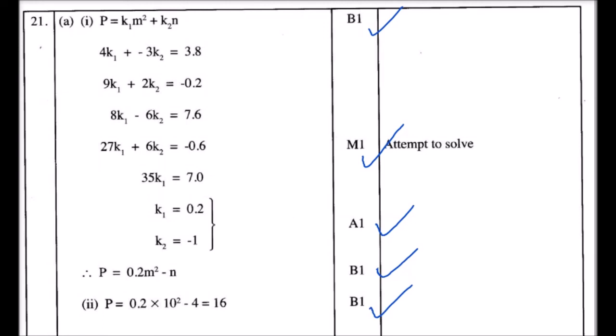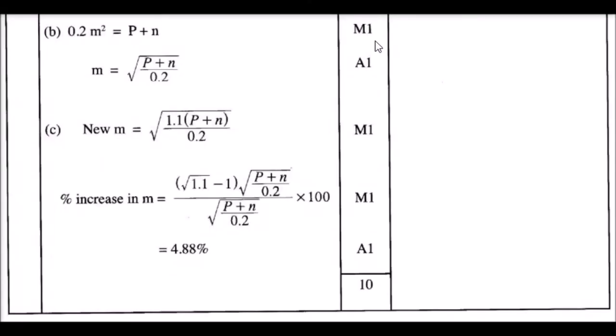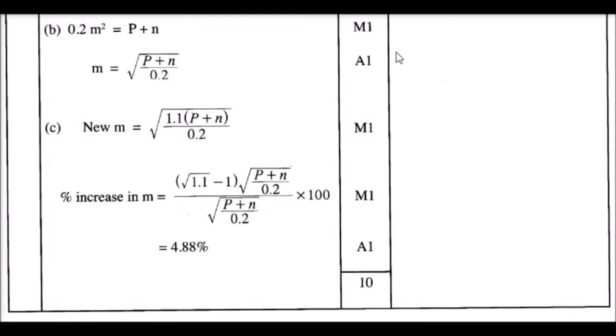So the other part, here you get 1 mark for the method, and one mark for expressing m in terms of p and n. Then when you write the statement, the increase in percentage, you get 1 mark for the method.